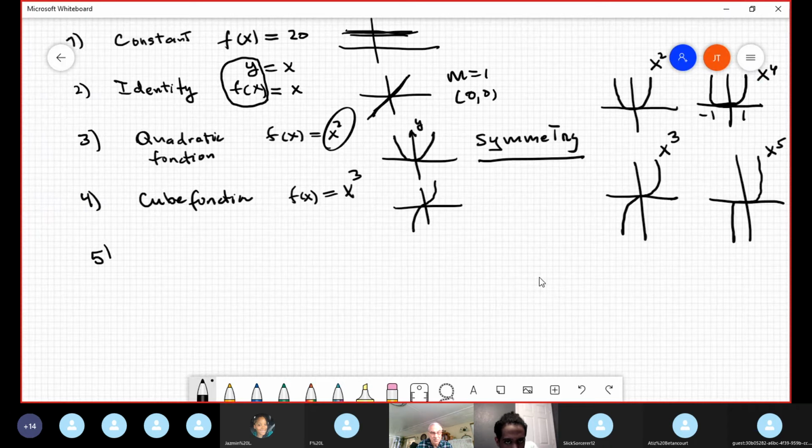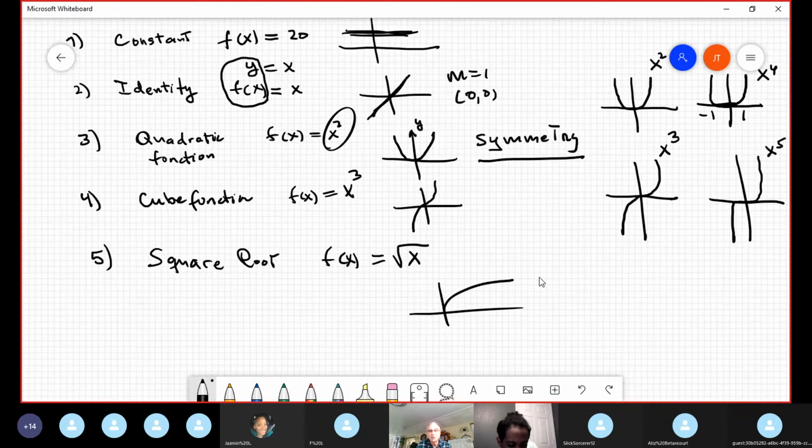Okay, what is number 5? Well, number 5 is the square root function. Very important. The square root. And the graph, unbelievable, is only like that. We have no graph in the negative part.